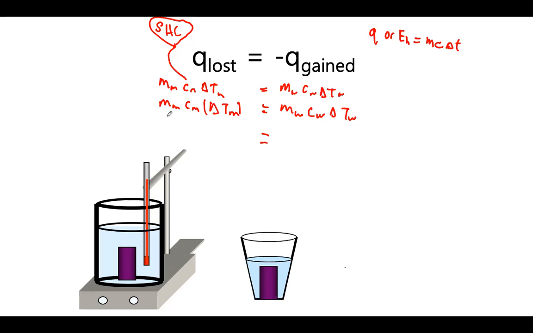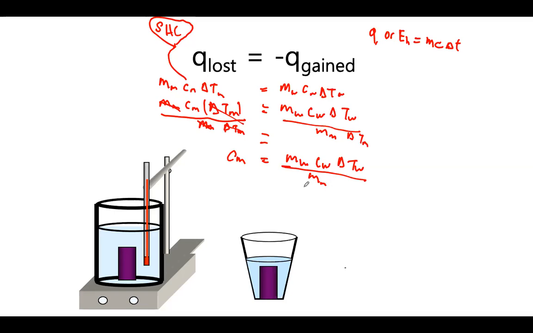Divide. We divide both sides by M and divide both sides by delta T. These will cancel, leaving us only with C_m equal to M_w over M and delta T. Are we all seeing that? Are we all clear?